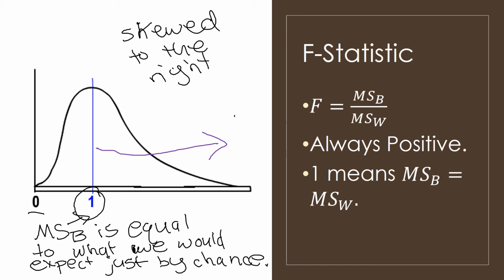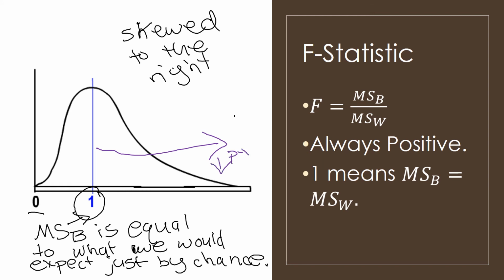And the more confident we are that the sample means are significantly different from each other, meaning that the population means are different from each other. And you have to get a p-value to say if they're significantly different from each other or not. But the higher the F statistic is, the lower your p-value is. So the higher it is, the lower the p-value.